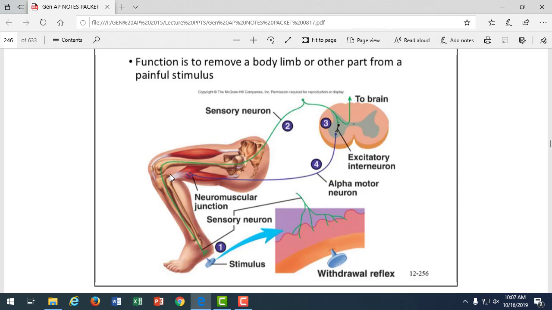The information comes in through the sensory neuron. There's the dorsal horn, right? Or not horn, ganglion. It comes in, goes up to the brain, but notice that it branches off, because there's more than one neuron here. Some go to the interneuron, and come right back out and stimulate that hamstring to contract, pulling your foot away.